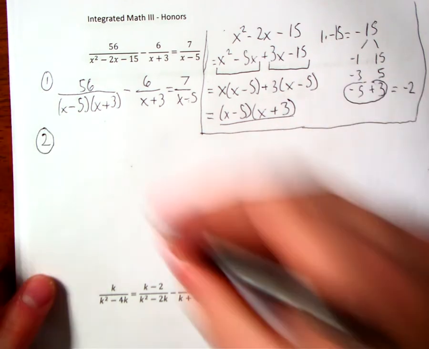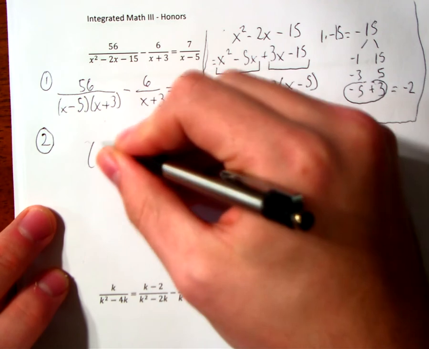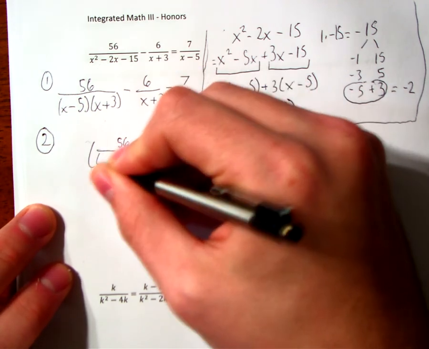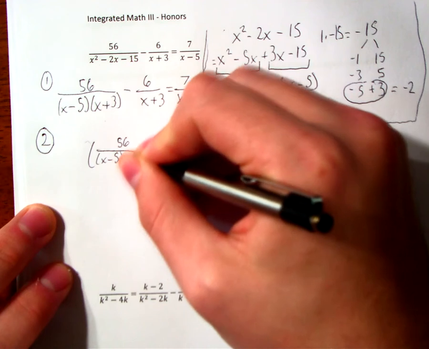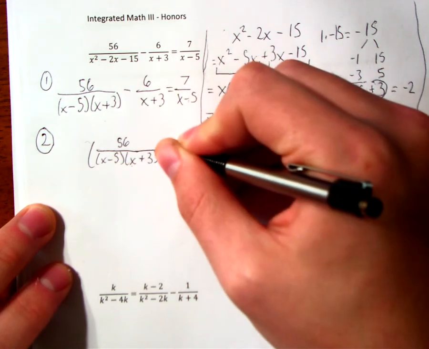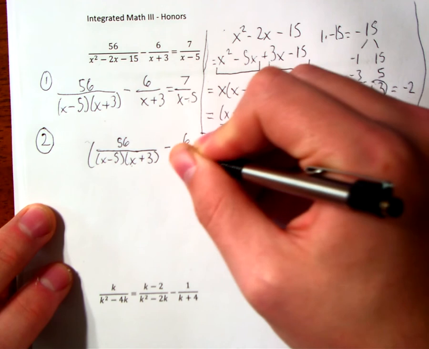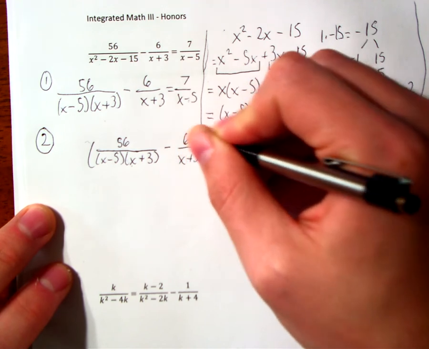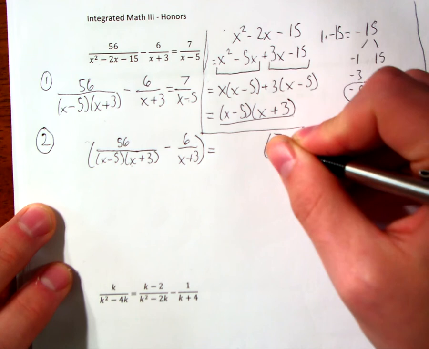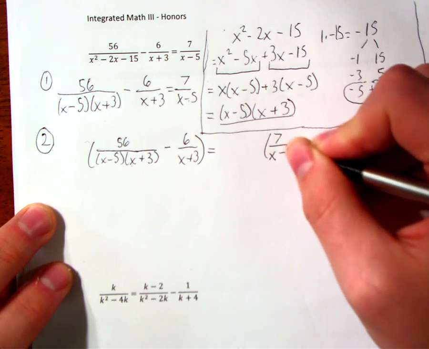So let's do that. Let me take my first side. My left side is 56 over x minus 5 times x plus 3, and then minus 6 over x plus 3. That's equal to my second side, which is 7 over x minus 5.